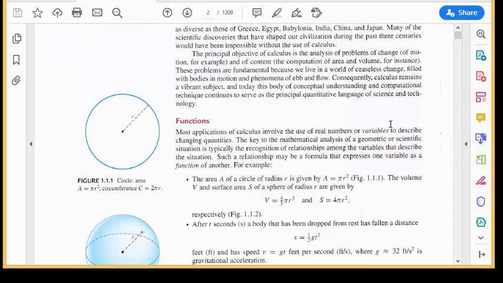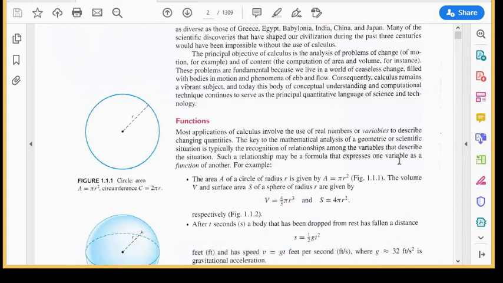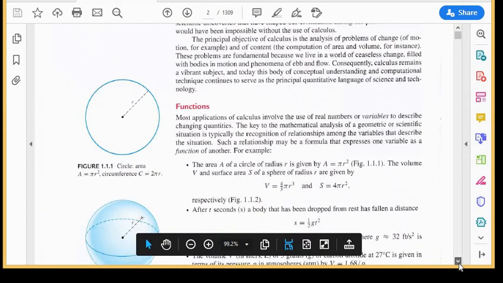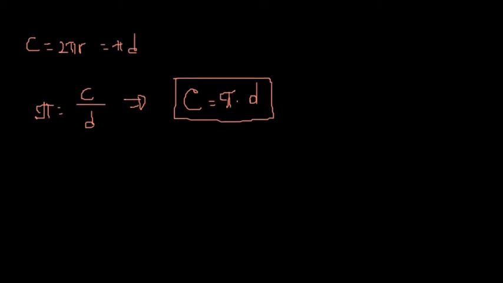Now we can go to the next one, which says that the volume V and surface area S of a sphere of radius r are given by these two equations. The first equation is volume equal to 4 over 3 pi r cubed.